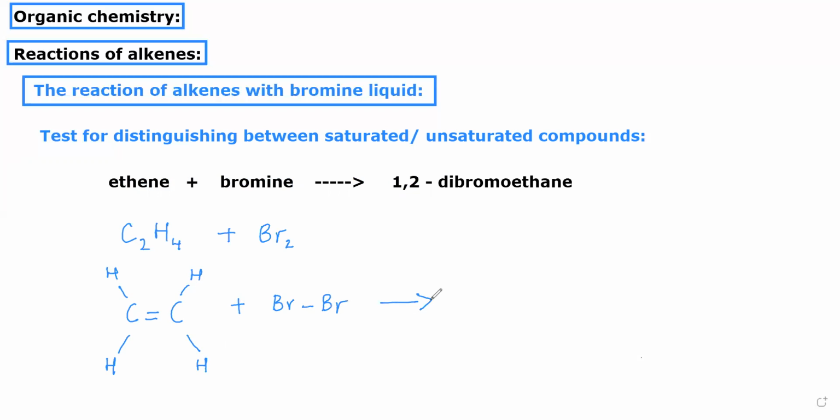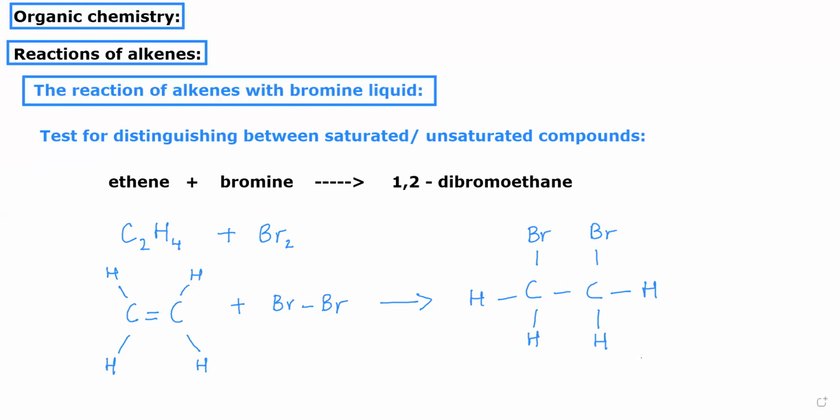Now, 1,2-dibromoethane: how is it going to be formed? 1, 2 means carbons 1 and 2 will have bromine. This is going to be our 1,2-dibromoethane.